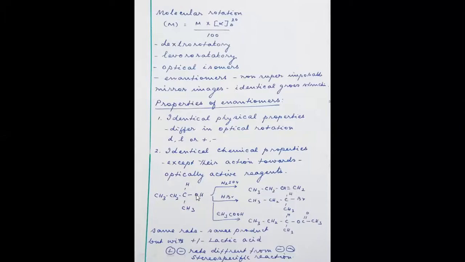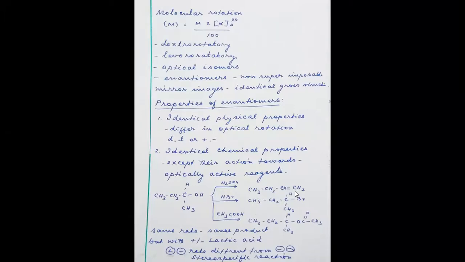Whether the OH is present here and the ethyl group is present here, you take the mirror image of this compound. Whether this compound or that compound, both are enantiomers. If you take a D enantiomer or L enantiomer, the product is going to be the same.